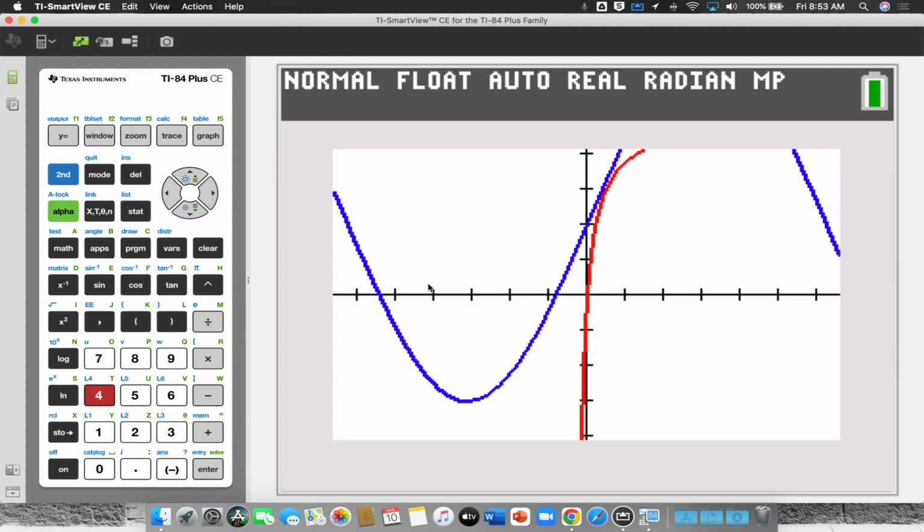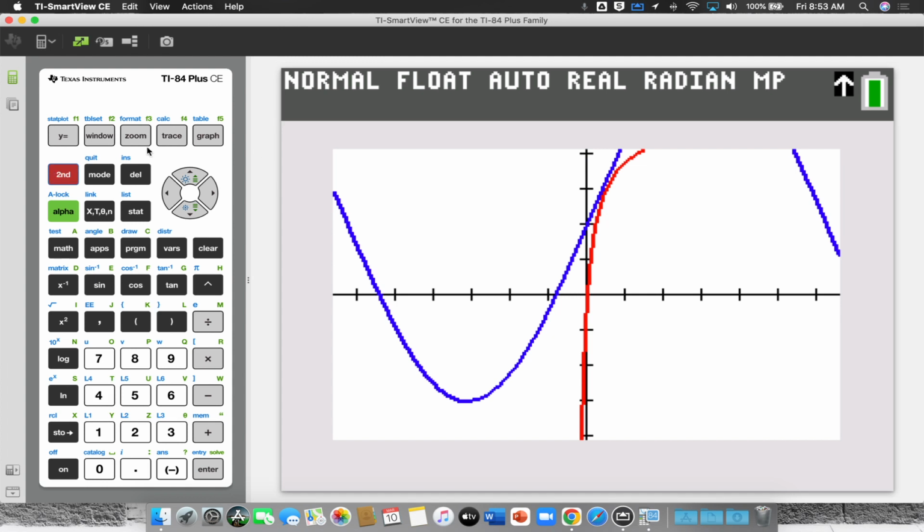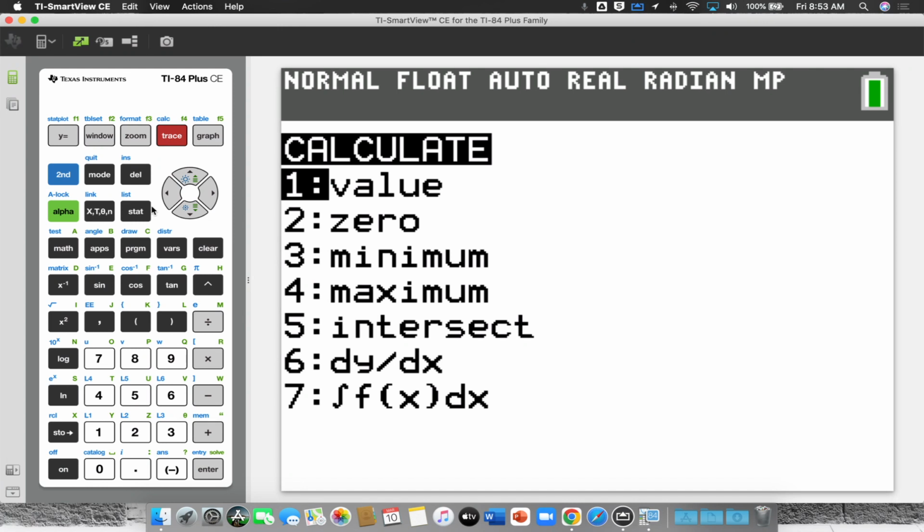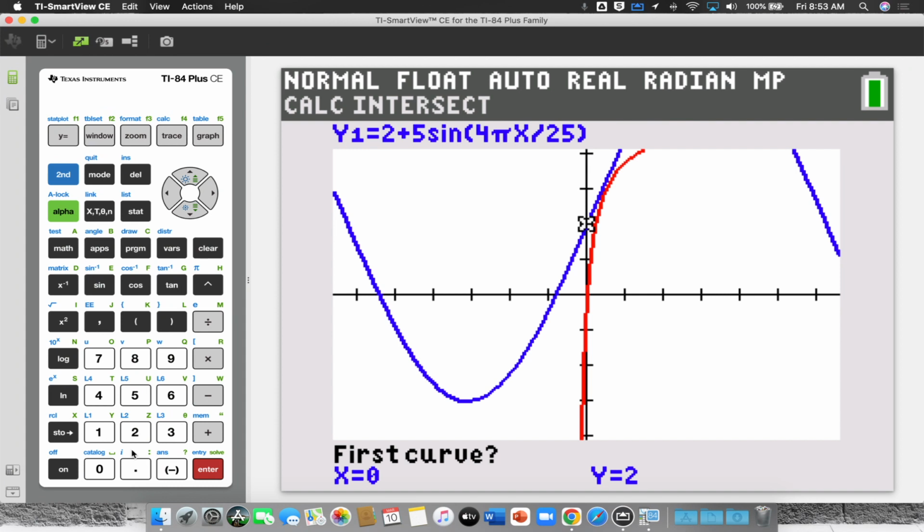We can go to calc, and then there's an intersection button. First curve, second curve.